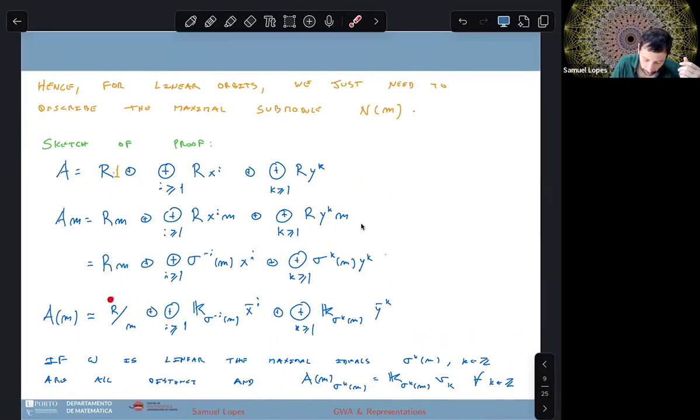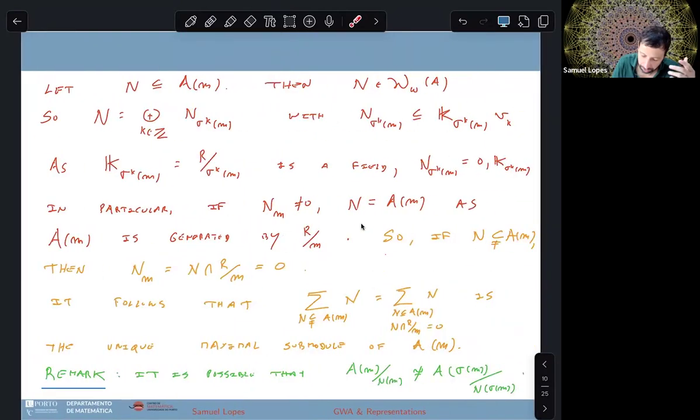It would be equal to this field. But this generates A of m. So N would be the whole of A of m because it would contain a generator of A of m. So if this weight space is non-zero, then N would be the whole thing. So this tells me that any proper submodule will have nothing in this weight space. M will not be a weight.